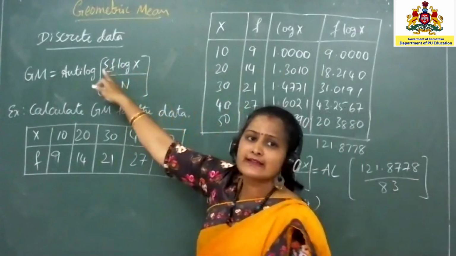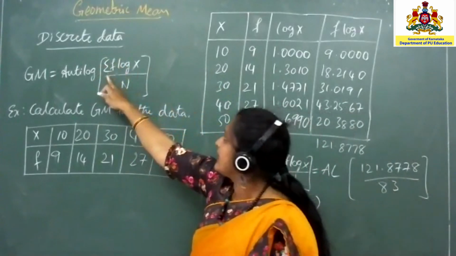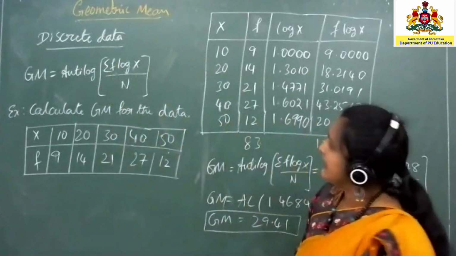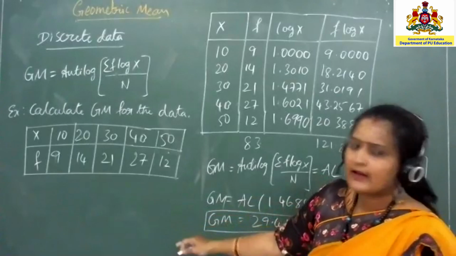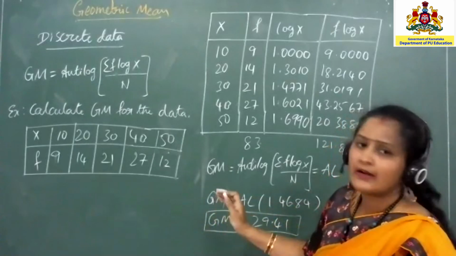Actually I forgot the summation, so it is mandatory: summation f log x by N. So calculate the geometric mean for the data.